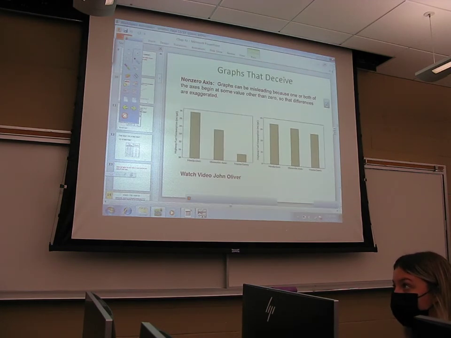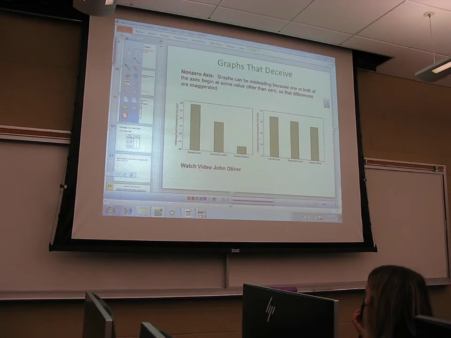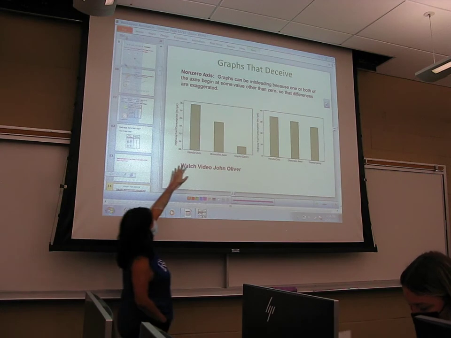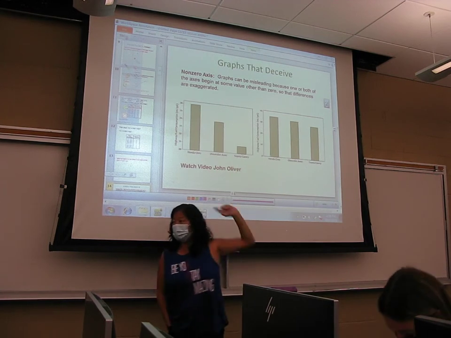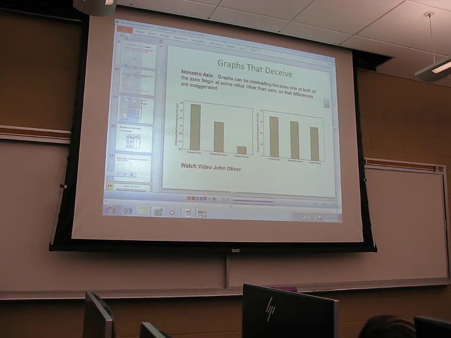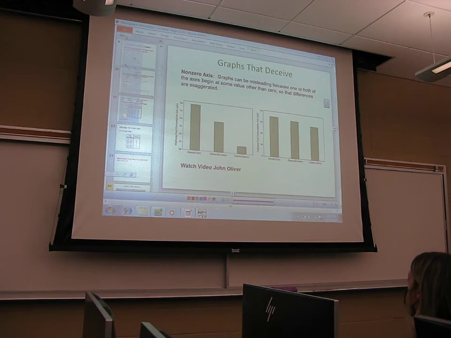Then we had these graphs that deceive, right? Like non-zero axis. You guys remember? If you're a Toyota Camry, would you be upset here? Yeah, looks like you're totally getting killed by the Honda Civic. But should you be worried? No, because you're at like 31 and they're at 36 or something like that.